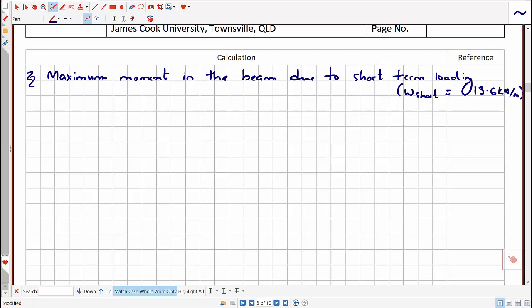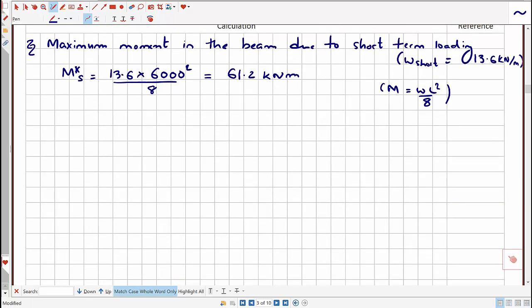And we need to find out what the maximum moment in the beam is when this short-term loading is acting. The maximum moment is at the center, and it is w L squared by 8, where w is 13.6 kilonewton per meter and the span is 6 meters, so that comes out to be 61.2 kilonewton meter. So that is your maximum moment in the beam at the midspan when the short-term loading is acting.